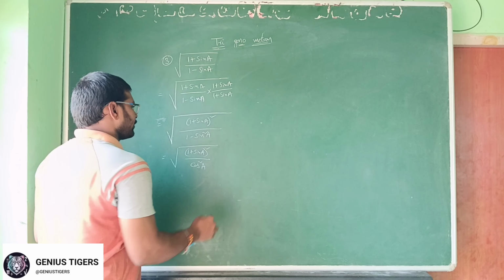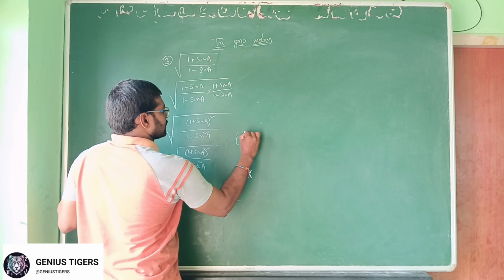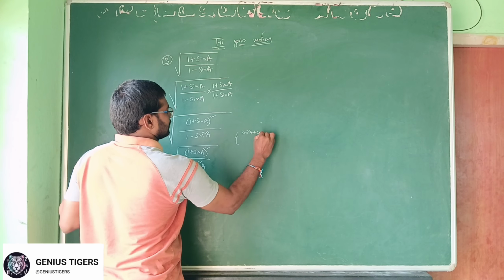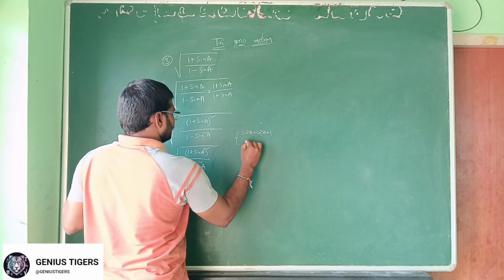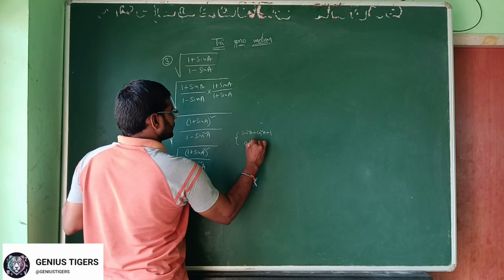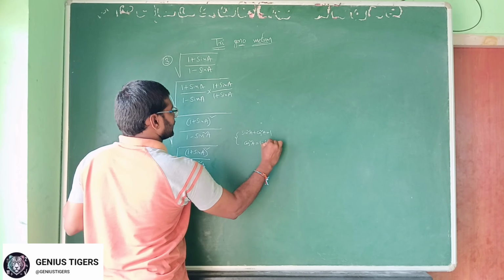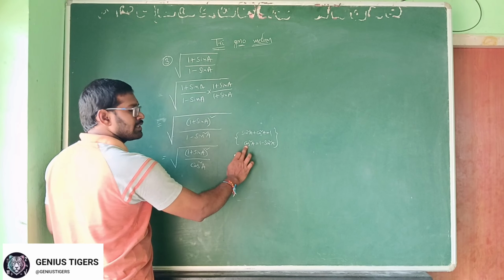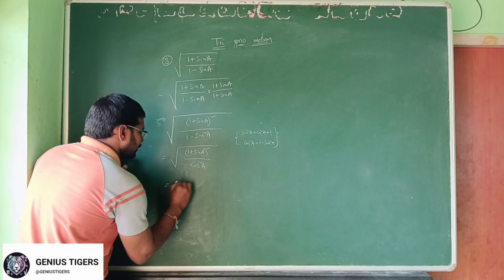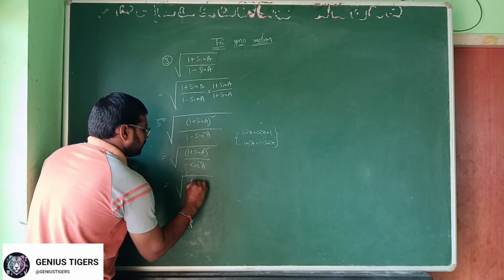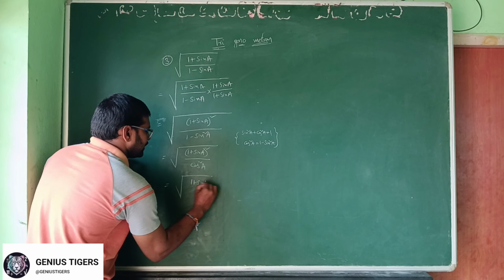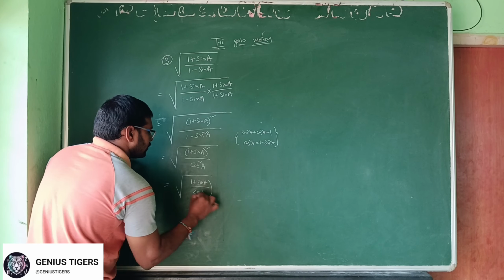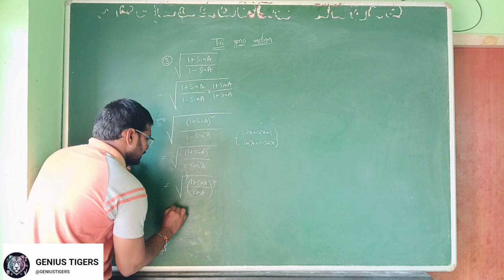From the identity sin square A plus cos square A equal to 1, I want cos square A, that means 1 minus sin square A, like that. In the place of 1 minus sin square A you can write cos square A. We already told, Nana: (1 plus sin A) by cos A, whole square, square root cancels.